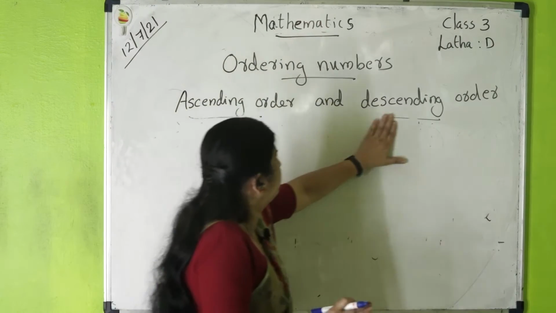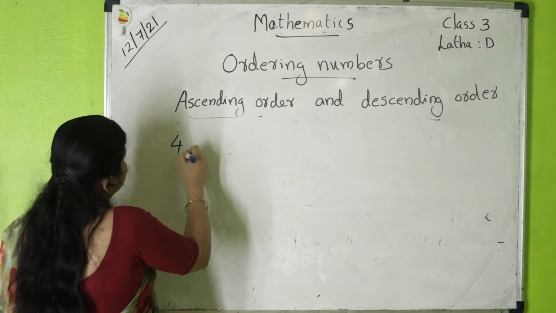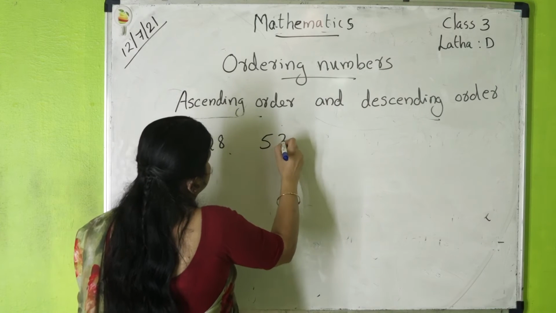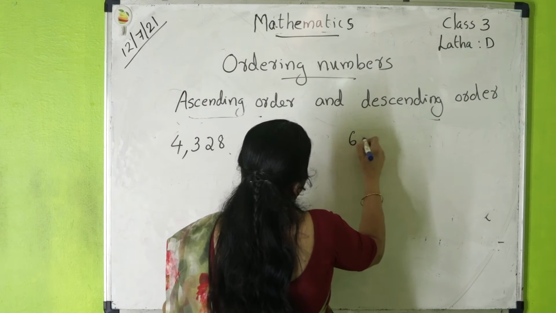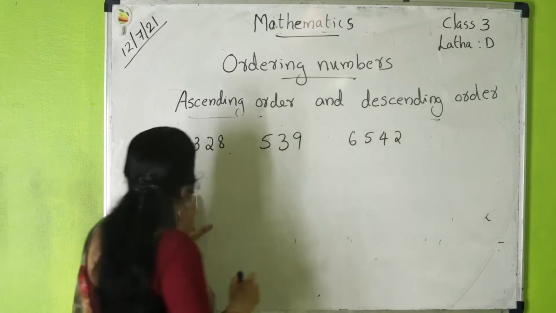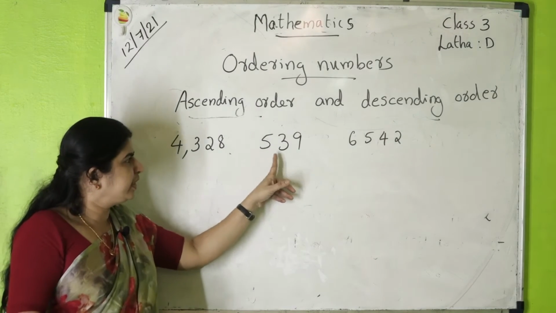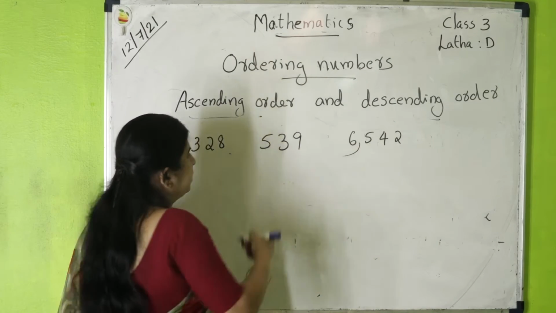Then let's take an example. Then look here, 4,328, 539, 6,542. We have three numbers.